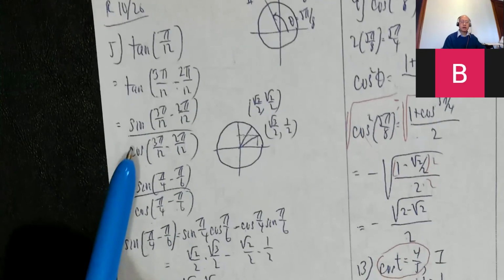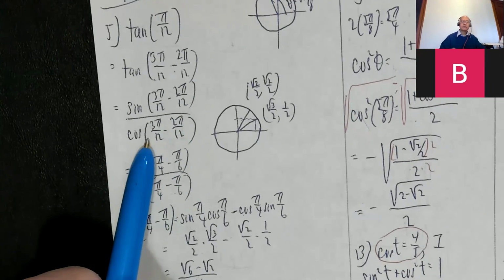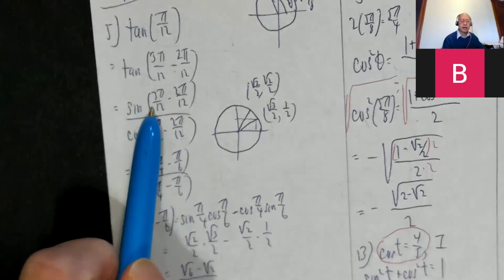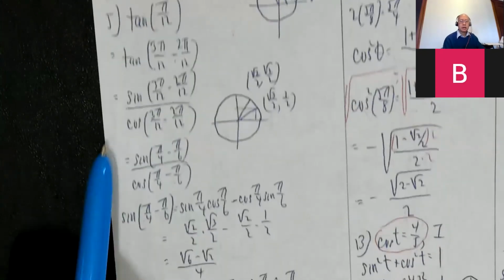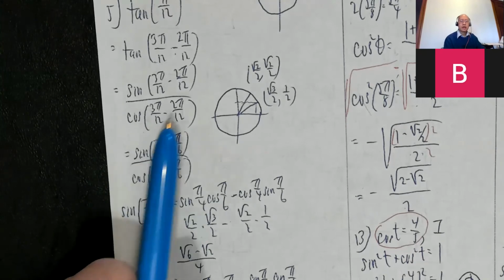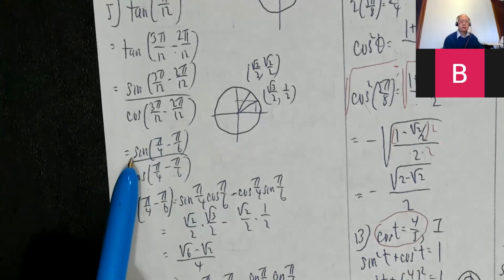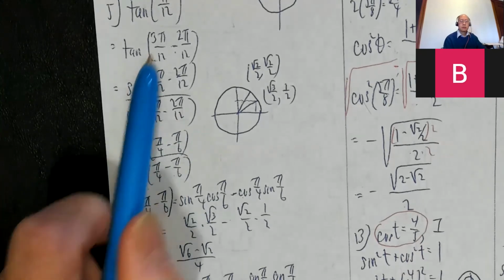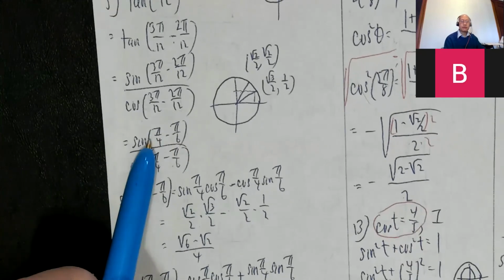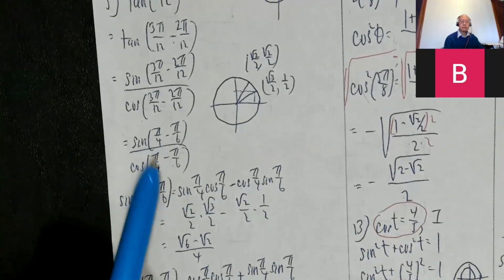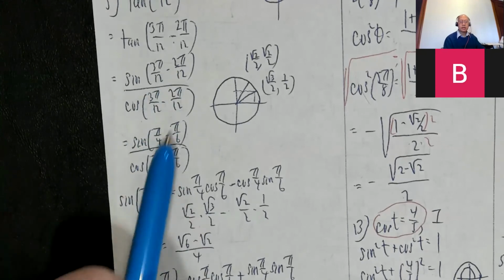And since tangent is sine over cosine, I wrote it like that. Then I use the formula for sine of a minus b, and the formula for cosine of a minus b. Reduce 3 pi over 12 to pi over 4, both of them. Reduce 2 pi over 12 to pi over 6, both of them.